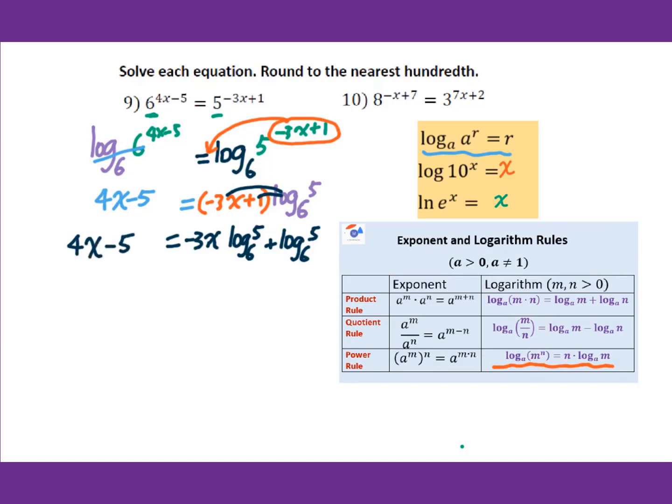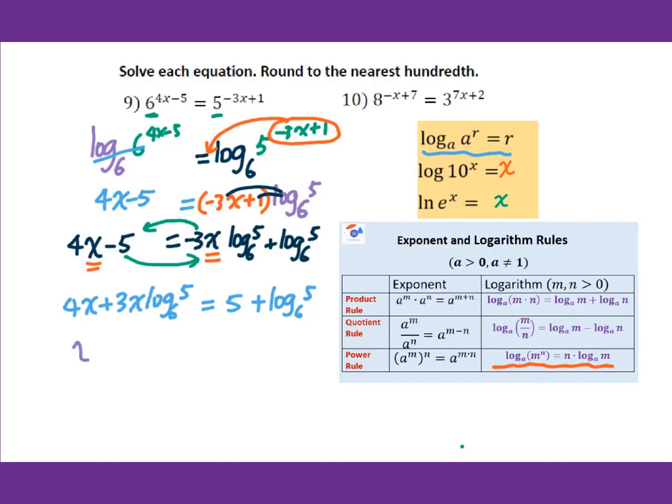This will be the linear equation. Isolate the variable on one side. So we move all variables on one side and constant numbers on the other side. Remember, you need to change the sign. So we got 4x plus 3x log base 6 of 5 equals 5 plus log base 6 of 5.